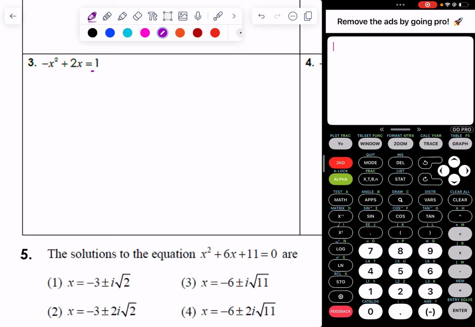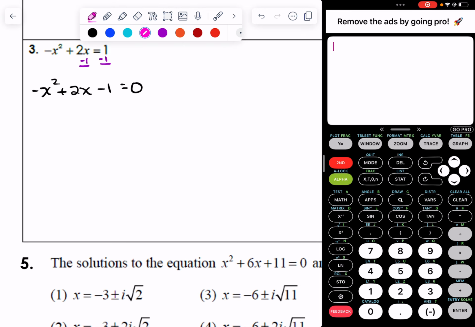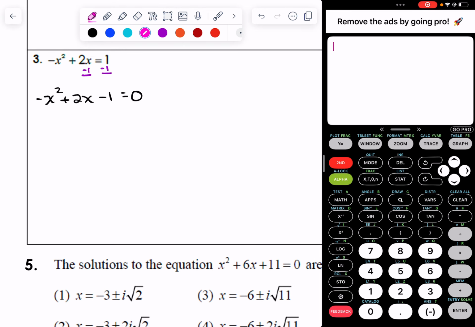Well, right now it's not equal to 0, so I need to subtract 1 on both sides. Okay, that leaves me with -x squared plus 2x minus 1 equals 0. Now, is that in standard form? Yes. Okay, we have our x squared, then our x, then our constant. So this leaves me with a is -1, b is 2, and c is -1.